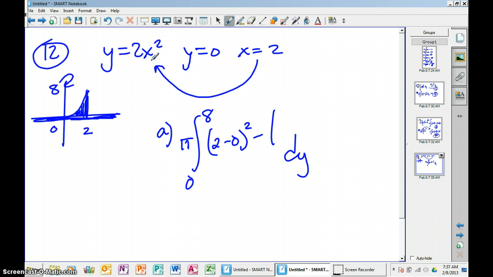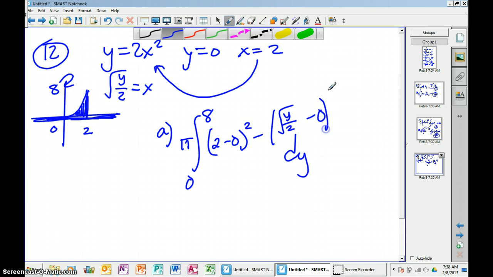Actually, I got to change it to x, so that's going to be the square root of y over 2. That's what x is, because I have to get x equals if I'm doing dy. So it's going to be this minus 0, quantity squared.